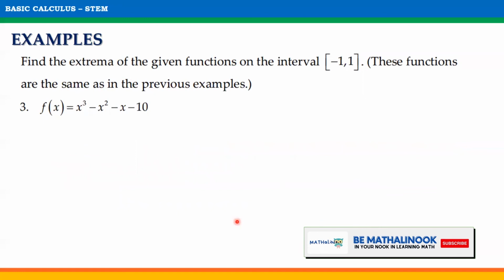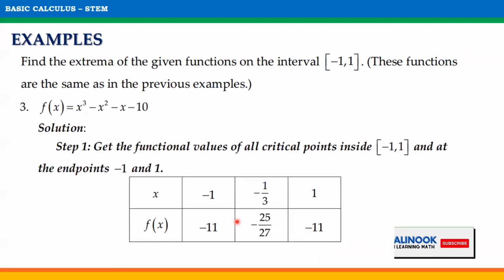Let us take this example. The function is f of x equals x cubed minus x squared minus x minus 10. Recall that the critical numbers of this function are -1 and -1/3. Since both critical numbers are within the interval -1 and 1, then we will be using both critical numbers in substituting to the variable x.